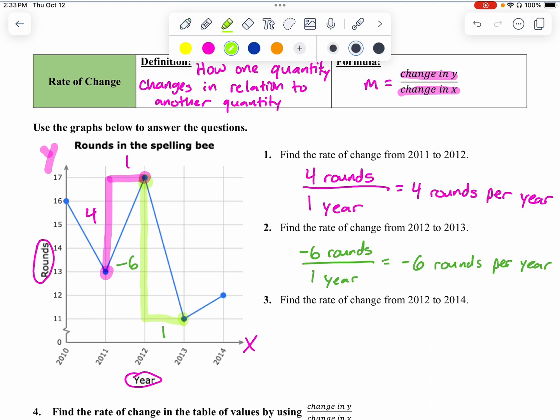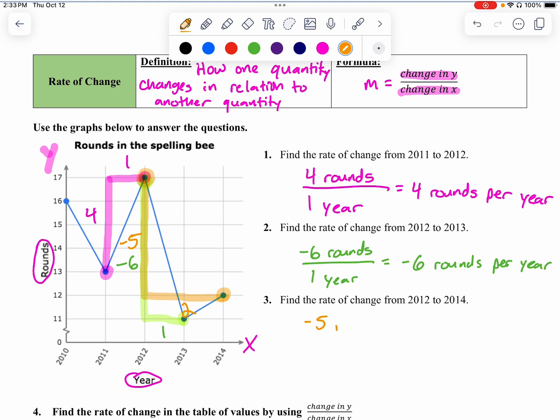Finally, we have find the rate of change from 2012 to 2014. So we're starting in the same spot again, but now we're going to 2014, which ends here. So we're going to go down 1, 2, 3, 4, 5, over 1, 2. So we went down 5, so negative 5 over 2.